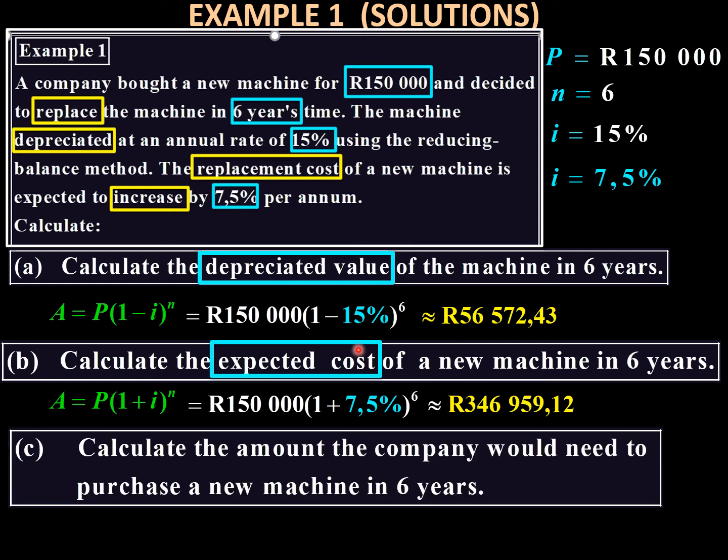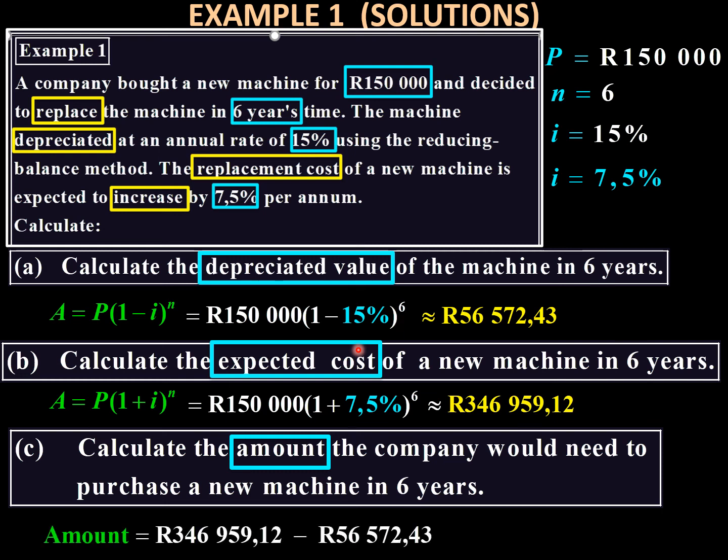Now we can calculate the amount of money it would need to purchase a new machine. This is the sinking fund that we have to calculate. The sinking fund is the difference between the two. If I calculate that difference, the amount that will be needed would be 290,386 rand and 69 cents. The difference between the growth and the depreciation.